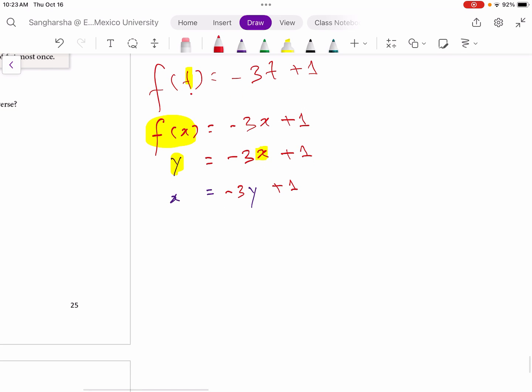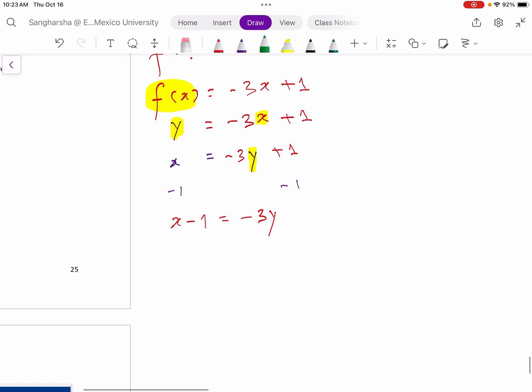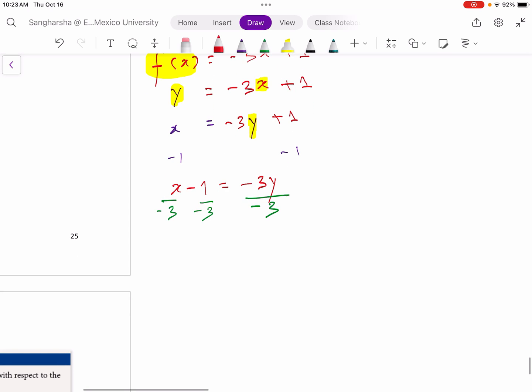Next, we solve this equation for y. So we make y by itself. For that, we subtract 1 on both sides. So we have x minus 1 equals negative 3y. Now we divide each term by negative 3. So x divided by negative 3 is negative x over 3.